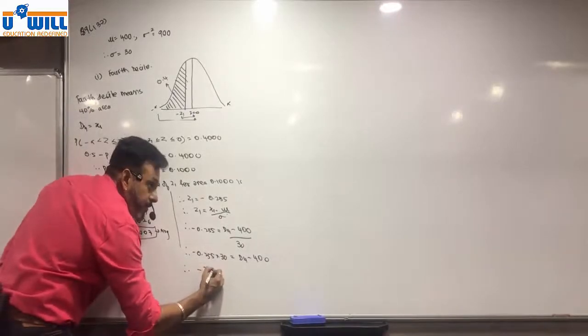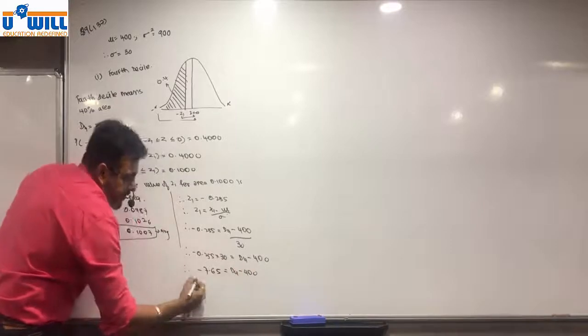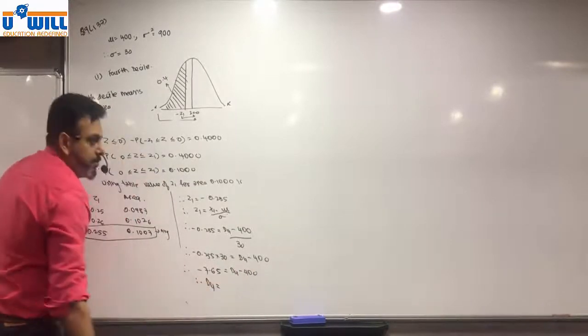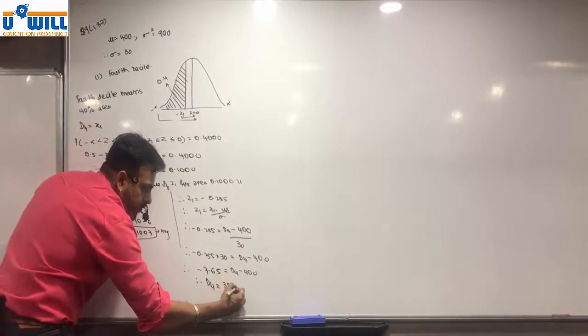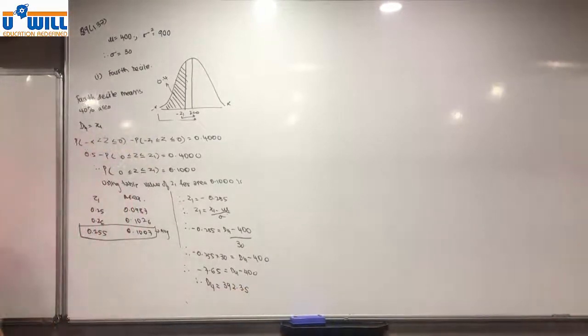Minus 7.65 is equal to d4 minus 400. Therefore, d4 is equal to 392.35. Is that what we have to find? No, we also have to interpret.